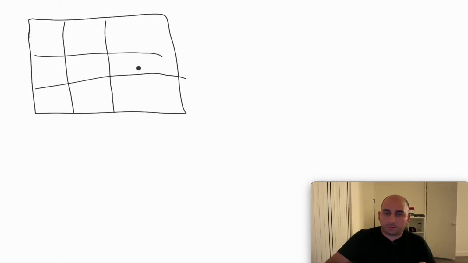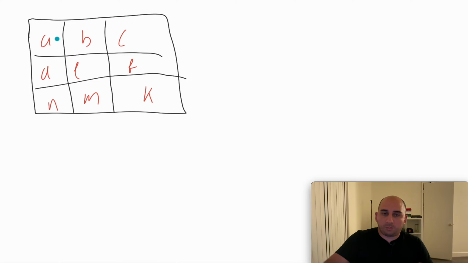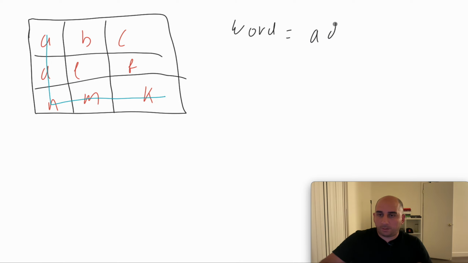We have here A, B, C, D, E, F, N, M, N, and K. And our word is, let's say, ADM. Okay, so this is our word and this is what we need to find.